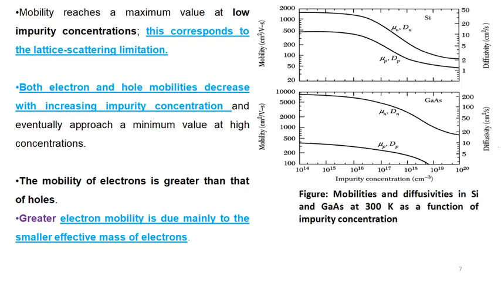Then from this we can also conclude that mobility reaches a maximum value at low impurity concentration. This corresponds to the lattice scattering limitation. Low impurity concentration is like 10 to 14 per centimeter cube.